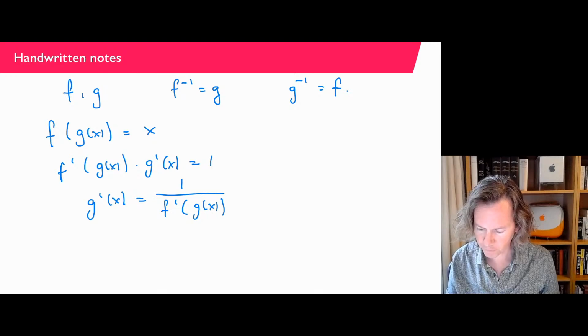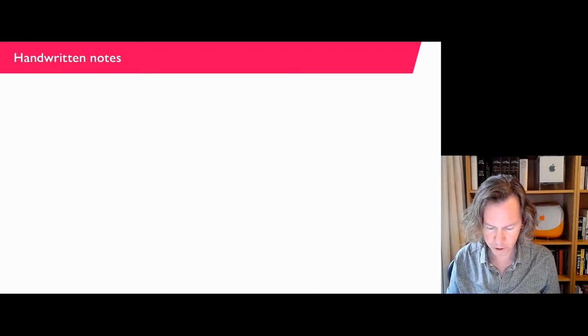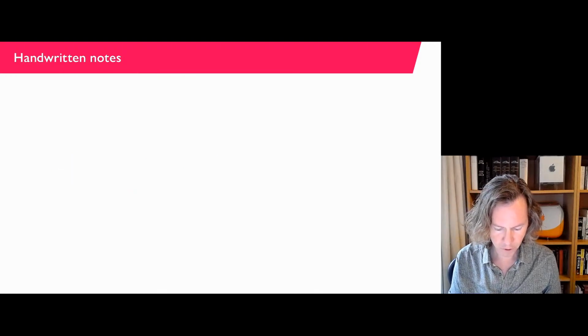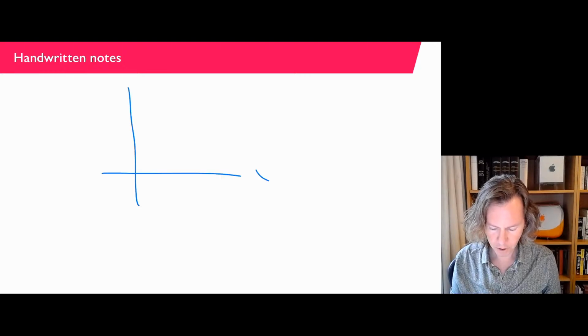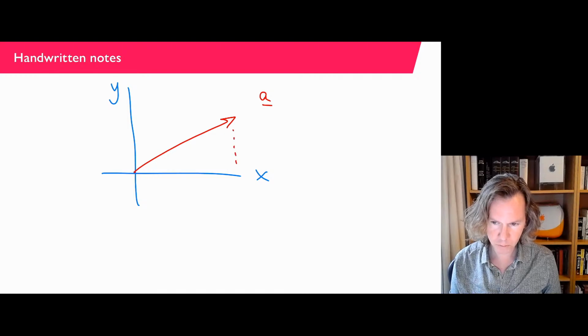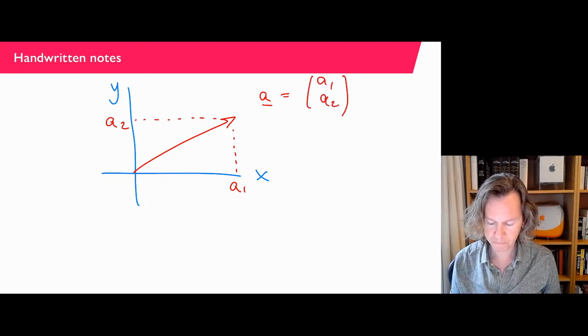If you have the xy plane and you have a vector, let's call this thing A, then you know that we can specify this by giving the two components, the coordinates of this vector. So A is the vector (A1, A2).